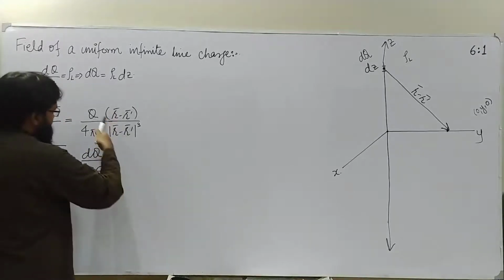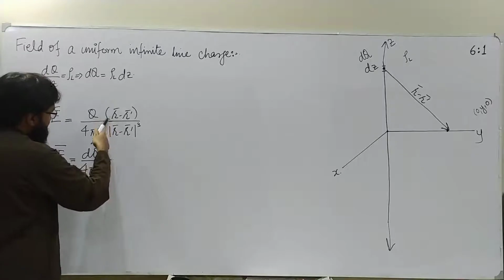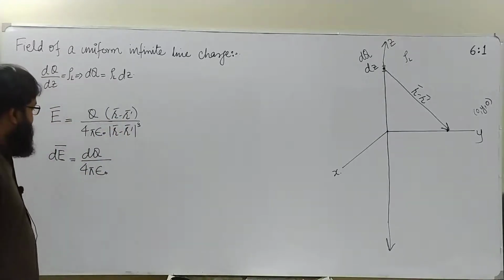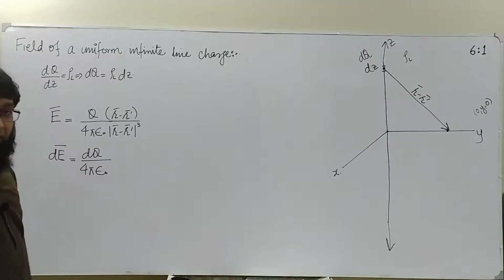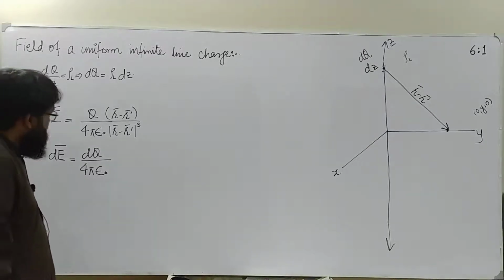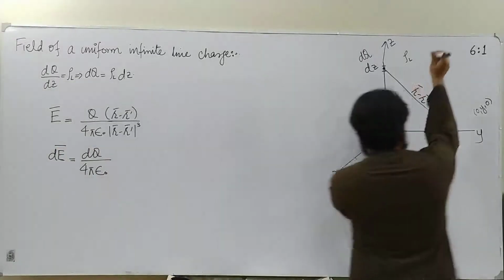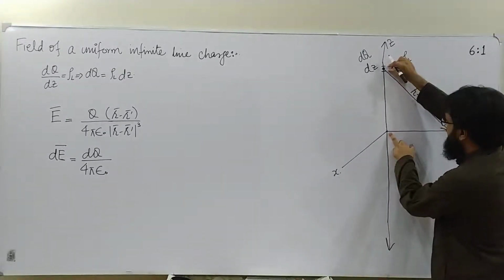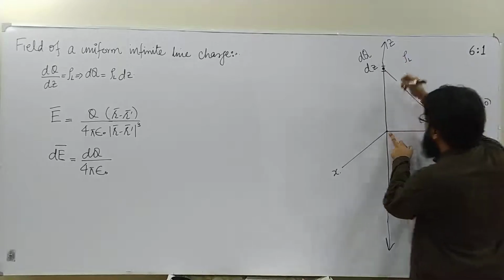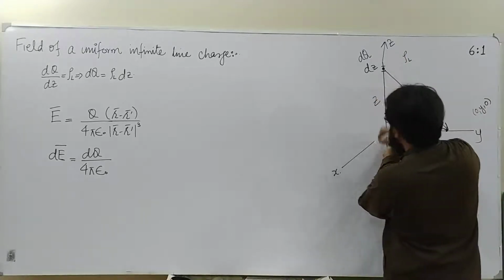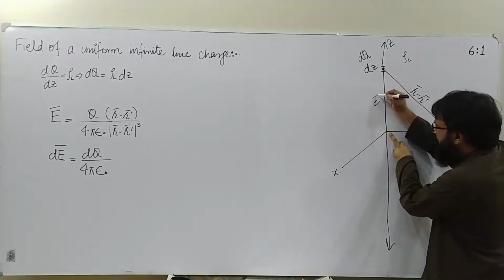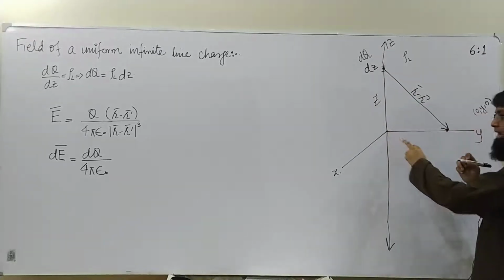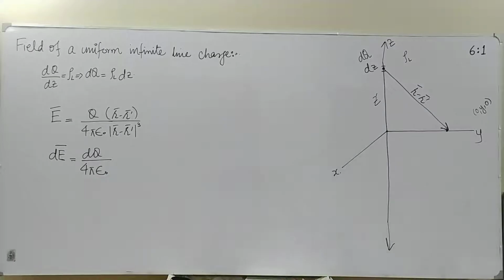So what about this r and r prime? This r is the position vector locating the field point. This r prime is the position vector which is locating the source point. So let's say the height of this segment which we took here as an example, the height with respect to origin, is, let's say, z, but as I said earlier, we always associate a prime with every entity which is associated with the source.